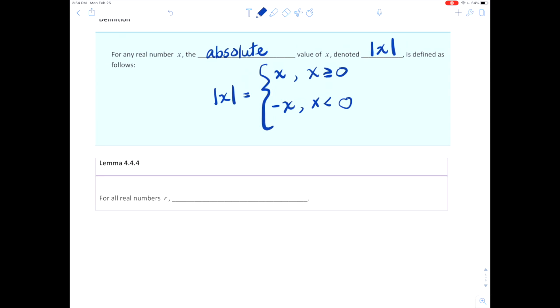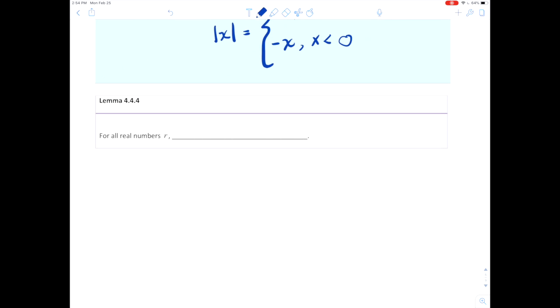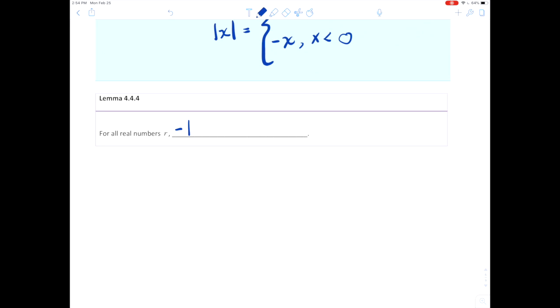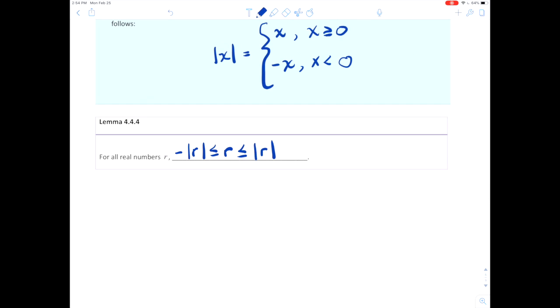All right, so let's do it. Lemma 4.4.4: for all real numbers r, negative absolute r has to be less than or equal to r, which in turn is less than or equal to absolute r. So this one, for the most part, uses the definition from above.